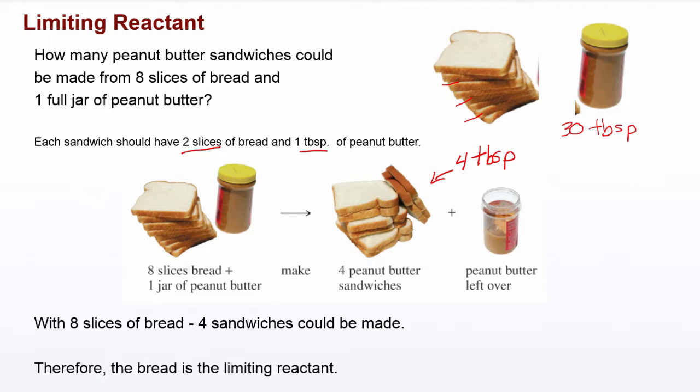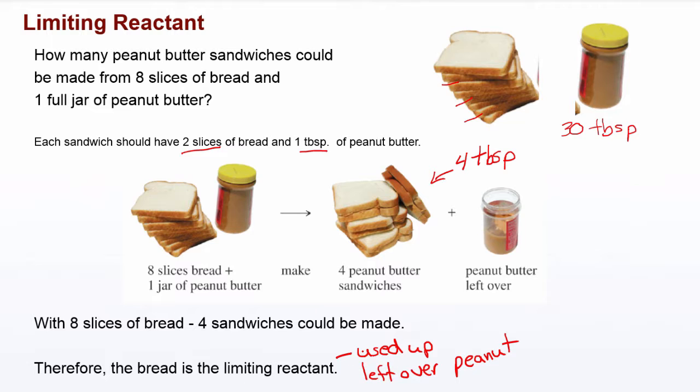And the way that you determine what your limiting reactant is: your limiting reactant is the one that is used up. So the bread is all used up. All 8 slices of bread were used up, and then we have leftover peanut butter.